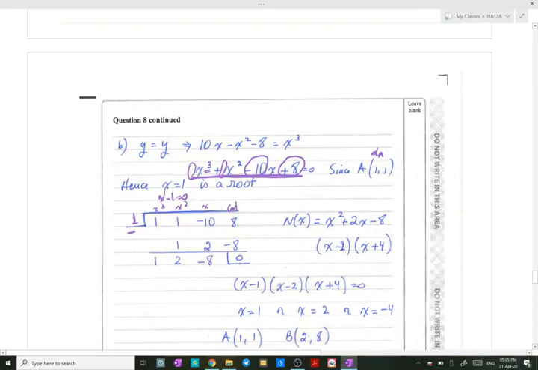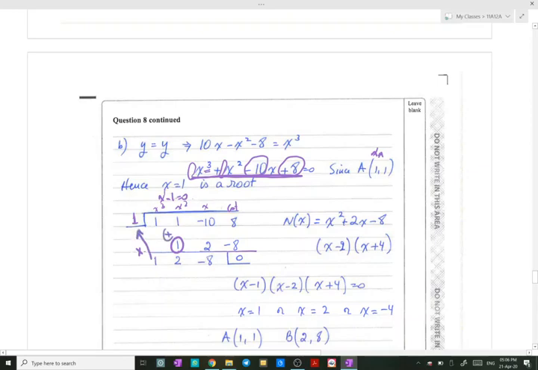Then you skip a line and you draw a line. You skip space here and you draw a line, and then you start your process. You put the 1 down, then you multiply by the root, and you put the answer here.